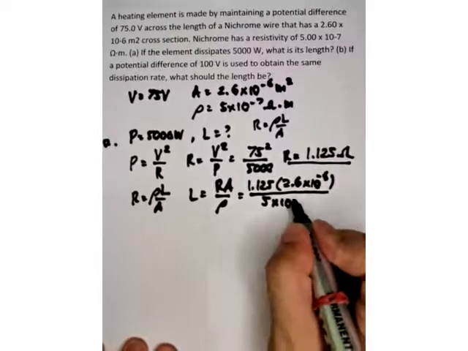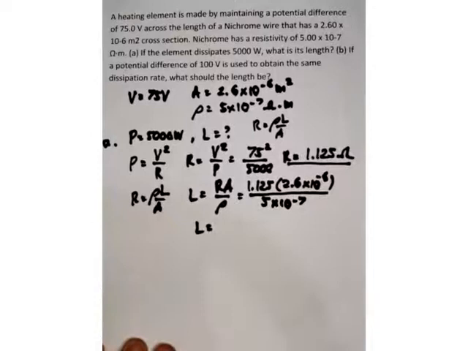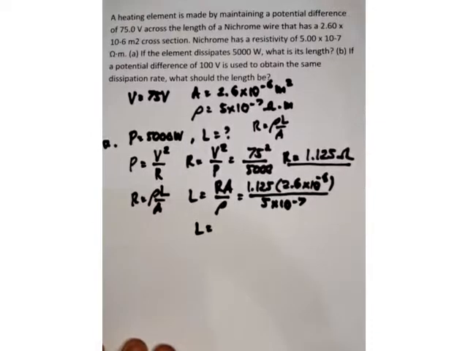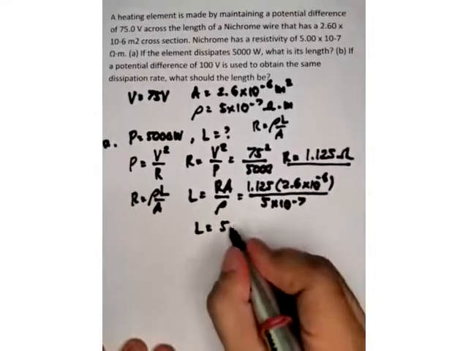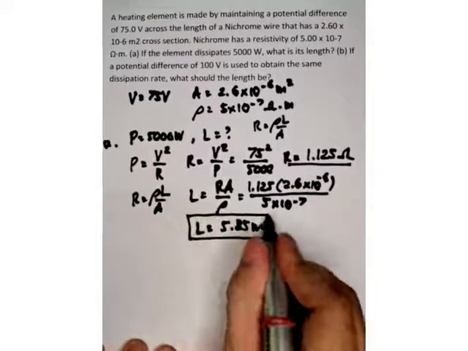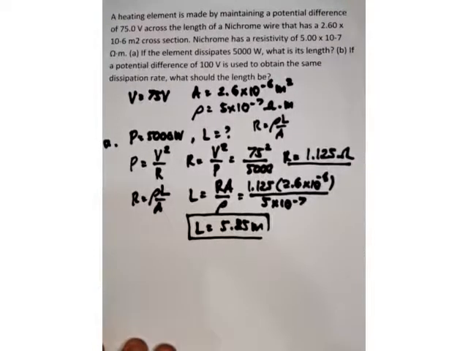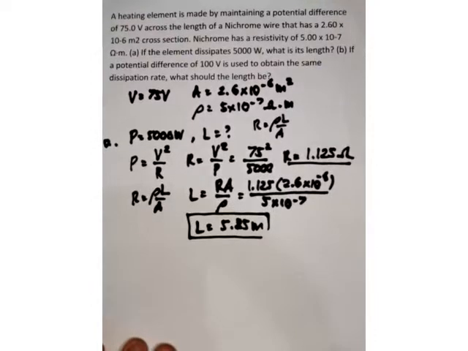So the length is 5.85 meters. Yan, tama ba ako? Ulitin ko. 1.125 times 2.6 times 10 raised to negative 6 divided by 5 times 10 raised to negative 7. And 5.85 meters.